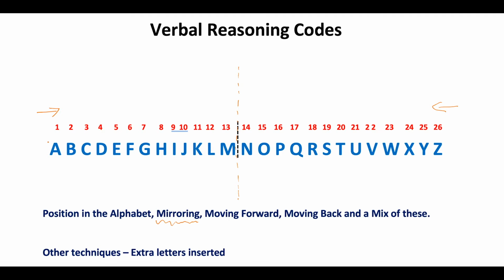If you look at the ends, sometimes you see questions saying A to Z. So what they're doing is comparing letters at either end of the alphabet. You might then see something saying C is to X. You might think, what's the connection between C and X? Well, if you come from the left end, you get 1, 2, 3, the third letter.